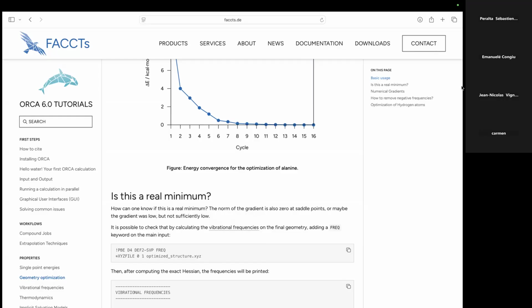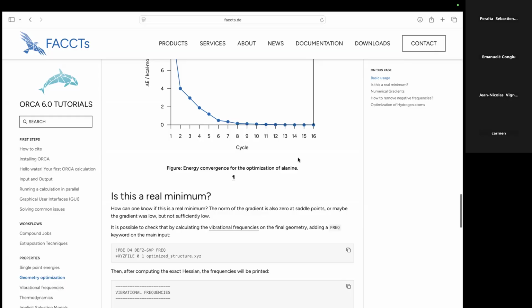Sir, my query is what is the actual meaning of convergence and why is it required for these calculations? So your question is why convergence is required for the calculation. Yes, sir.